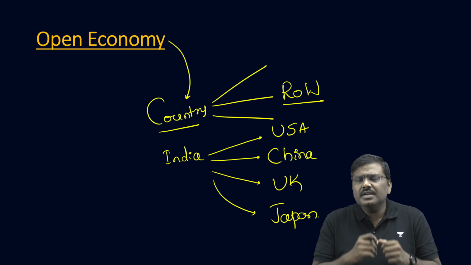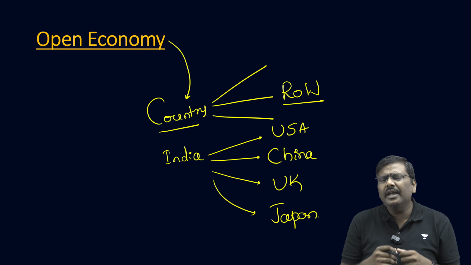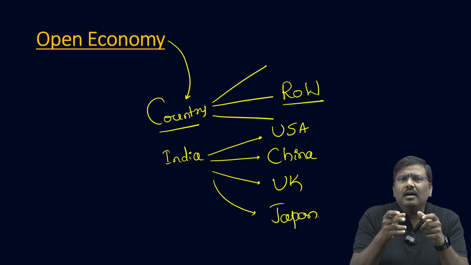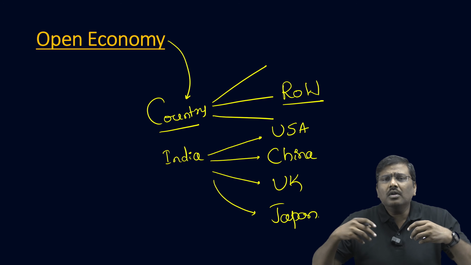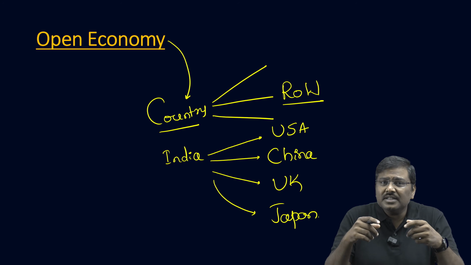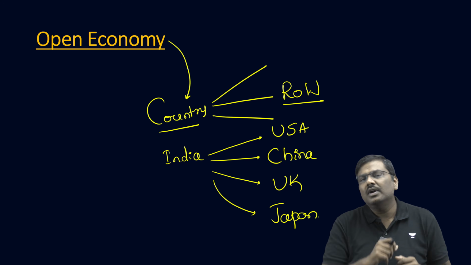Apart from goods and services, a lot of investments will flow from USA into India and from India to USA, from UK to India, India to UK. A lot of labor movement also happens. A lot of investment in the stock market also takes place between India and the rest of the world.